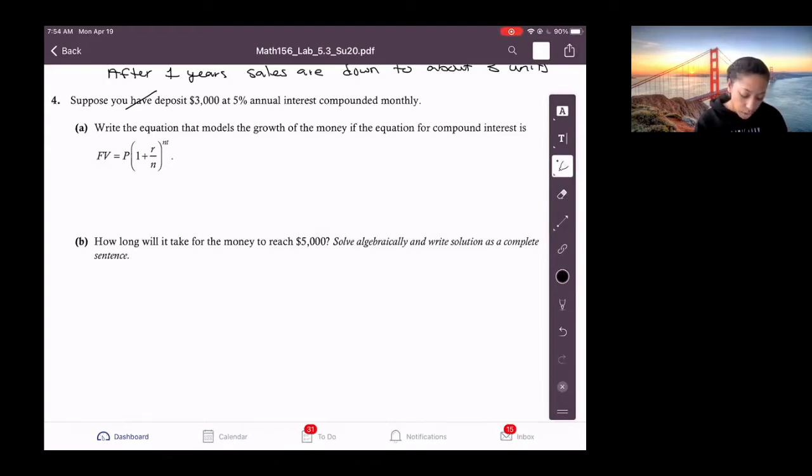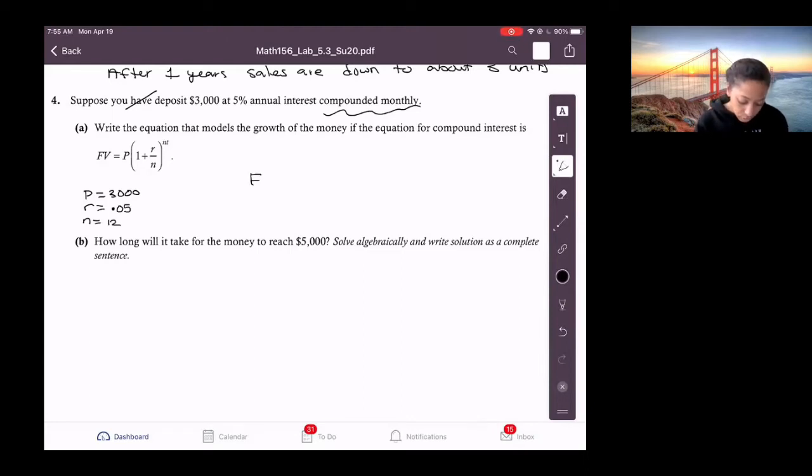So we know that we're investing $3,000. P is 3,000 at 5% interest. r is 0.05. And then we're compounding monthly. So n would be equal to 12, because compounding monthly means 12. And t we don't know, which is okay.